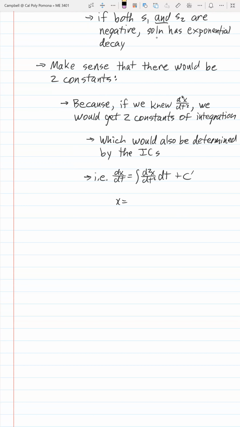Additionally, we would see that x is just the integral of this dx dt, which is just the integral of d squared x dt squared times dt plus c prime times dt. But again, I can explicitly pull out the constant of integration associated with this second indefinite integral.